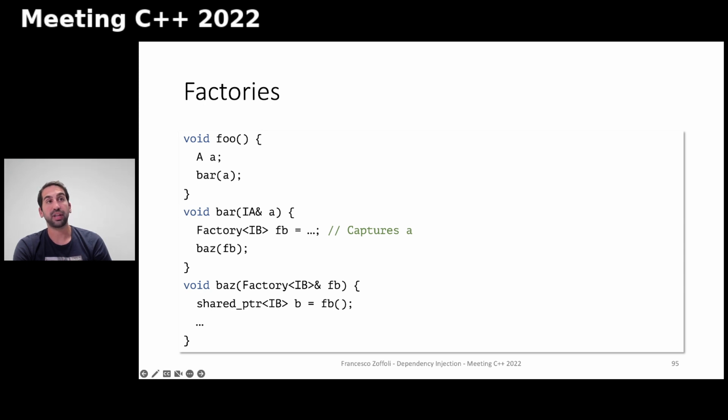Now B provides a factory, which could be capturing A. This means that if you take B and store it in some other storage, for example on a different thread, you might end up with a dangling reference, because it's not true that as long as B is alive, all its dependencies are going to be alive.